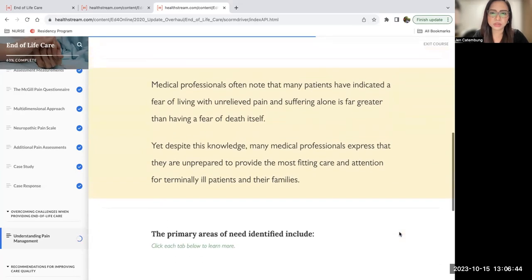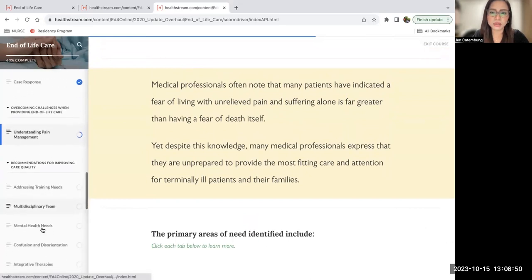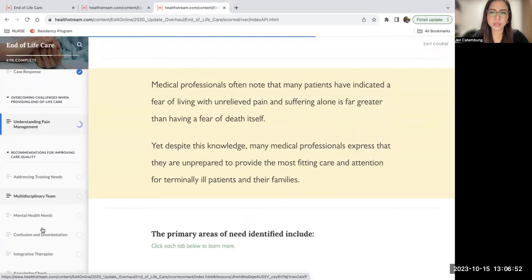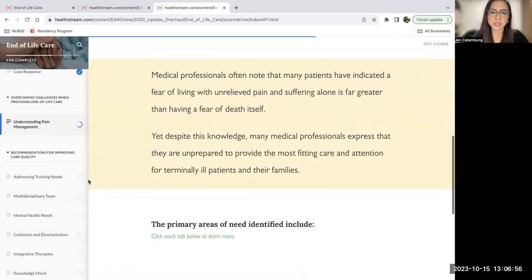Medical professionals often know that many patients have a fear of living with unrelieved pain, and suffering alone is far greater than having a fear of death itself. Yet, despite this knowledge, many medical professionals express that they are unprepared to provide the most fitting care and attention for terminally ill patients and families.